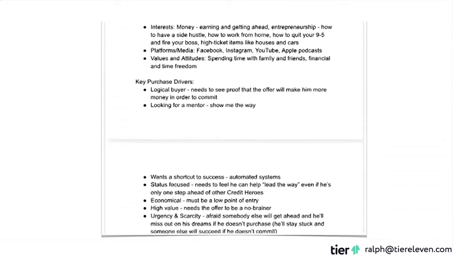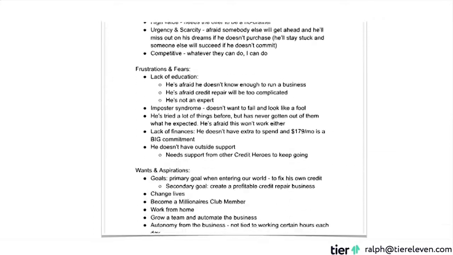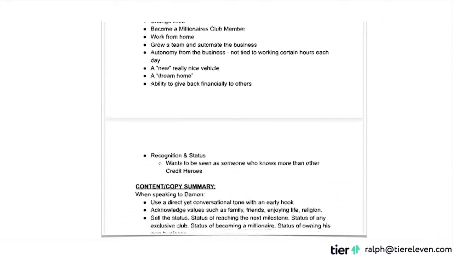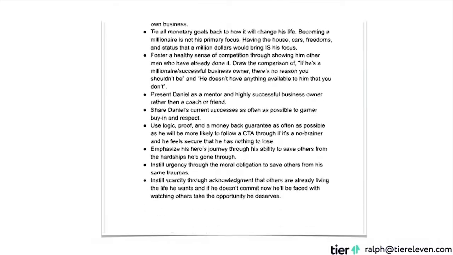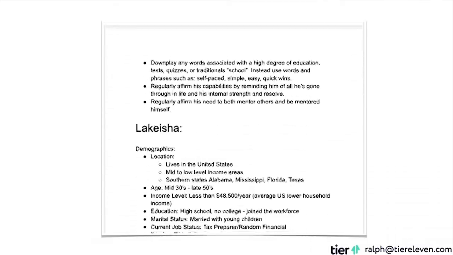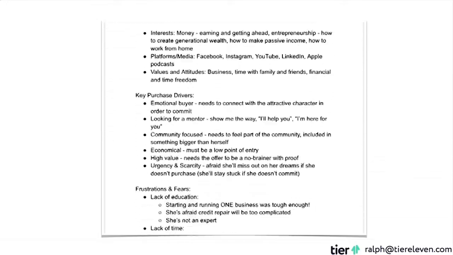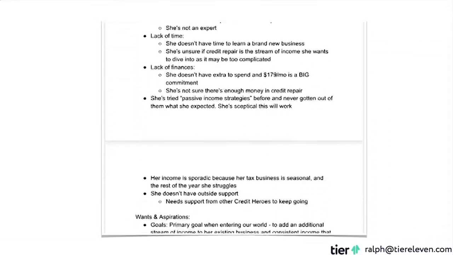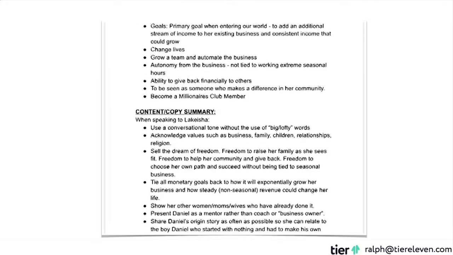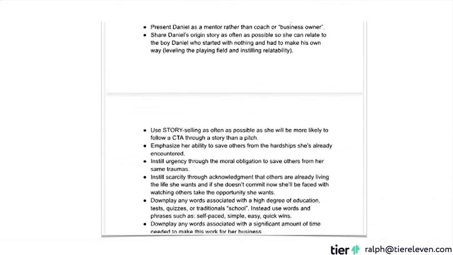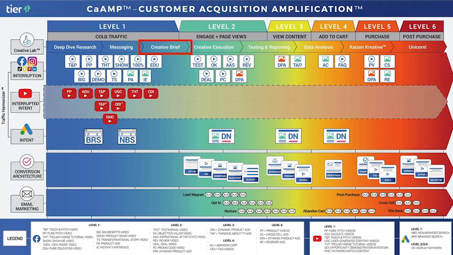Okay, there's 3 specific avatars for this customer. And all of this data and all of this messaging and the summaries, as you can see on the screen here, ultimately did turn into advertising, copy, as well as creative. And Lakeisha is the 3rd avatar here. So they created 3 avatars. Our creative team created 3 specific avatars.